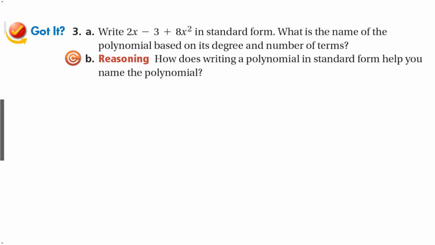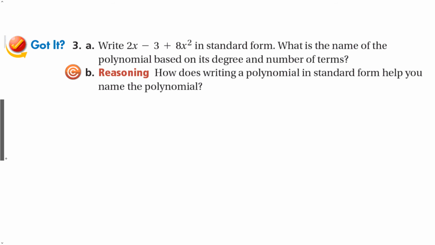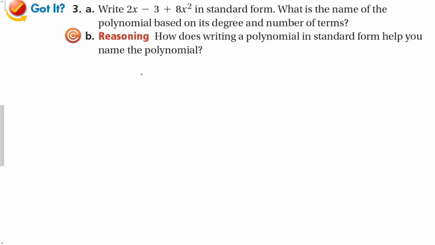Okay, let's try a gotta problem. So 2x minus 3 plus 8x squared in standard form. Nothing can go together, and we have 8x squared plus 2x minus 3. Okay? That is the biggest degree.